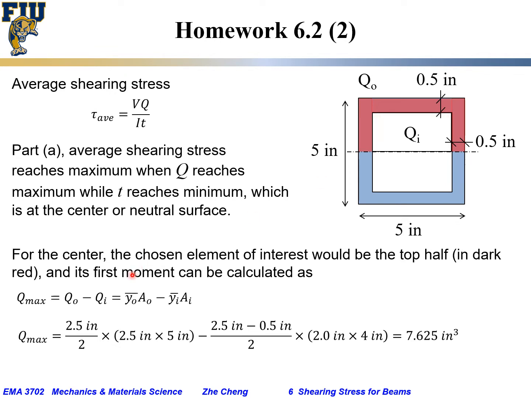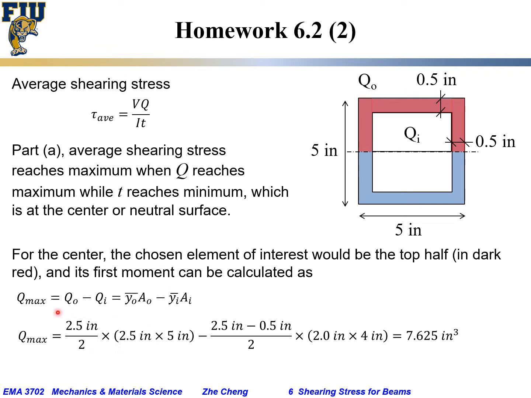For the outer, the center of gravity to this neutral surface would just be half of the distance from here to here, which is 2.5 inch divided by 2. That gives the y bar for the outer dimension. The outer area would just be 2.5 times 5.